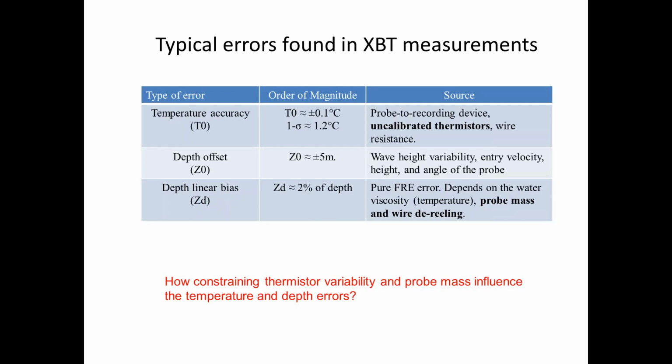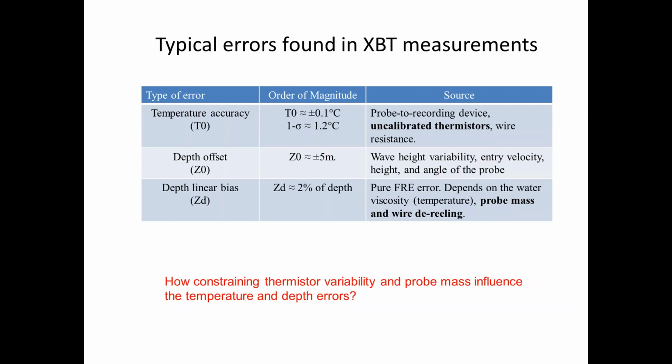So the typical errors that we find over time, nowadays people correct for many more environmental characteristics, but the three main biases are related to the temperature accuracy, which is stated as 0.1 Celsius.